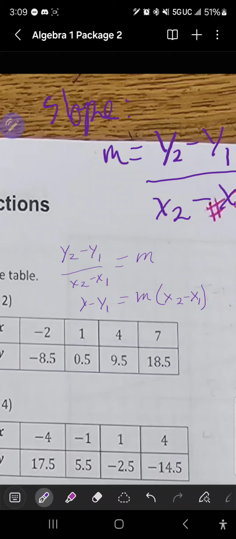We can read it as y minus y1 equals m times x minus x1.